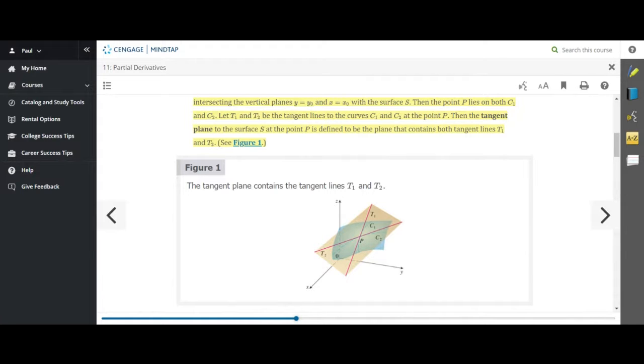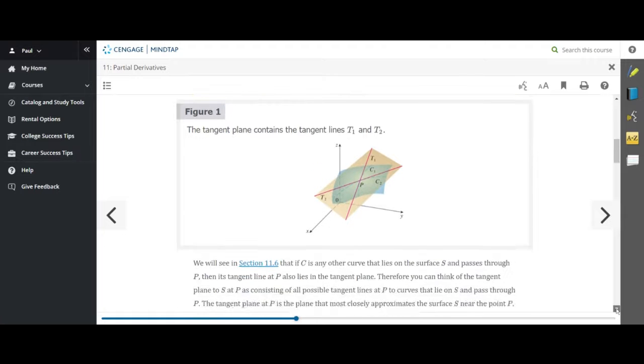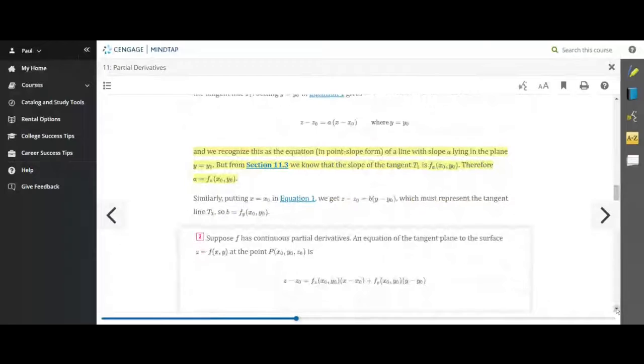That tangent line t sub 2 would also satisfy the equation of the plane. For that tangent line, x equals x sub 0. So we can substitute x equals x sub 0 into the equation of the tangent plane, and we'll be able to get the equation of the tangent line because of that constraint.